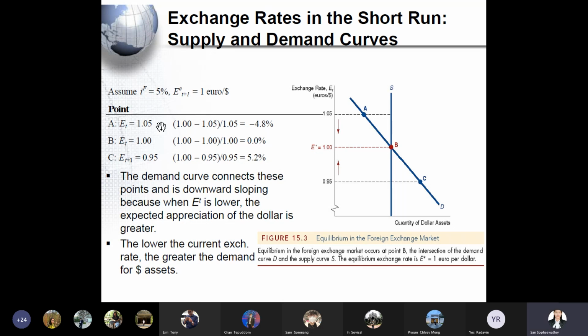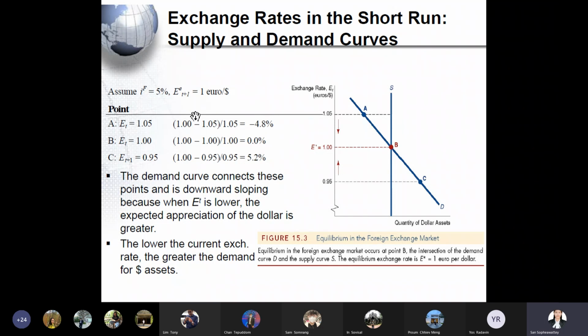If the currency is at point A, we have 1.05. It means it's appreciating. Then at point B, we have an equilibrium exchange rate E prime equal to 1 euro per US dollar.